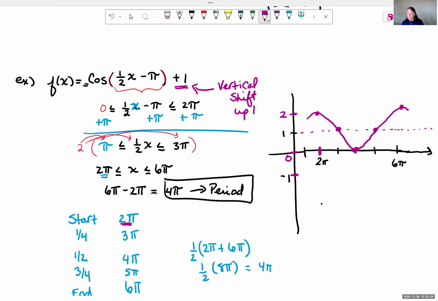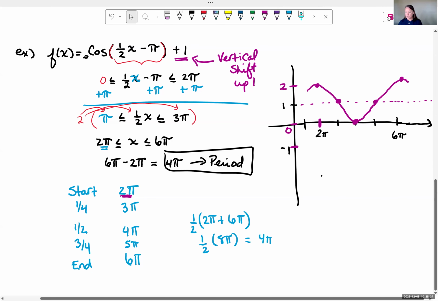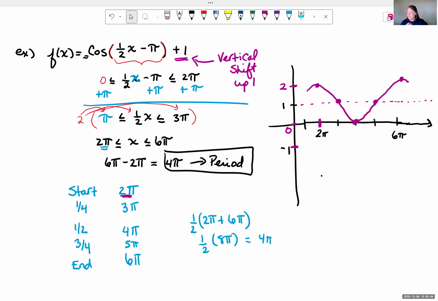It wants to know the domain, the range. Well, domain, we don't have any problems. The only ones that we're going to have problems with domain are trig functions that have a trig function in the denominator. So cosine, sine, all real numbers. The other ones we have to be worried about.